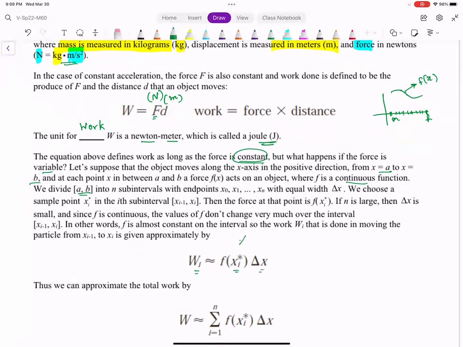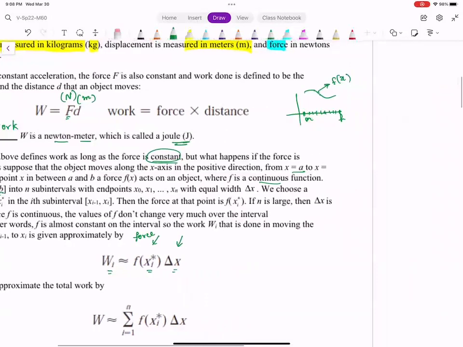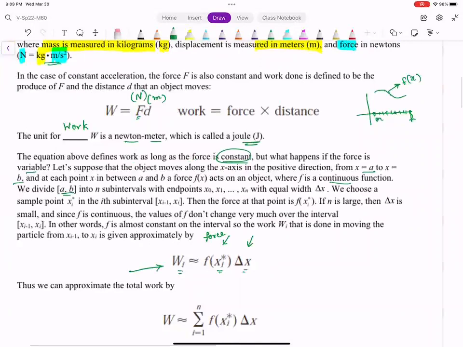The force acting on that ith subinterval is considered to be constant throughout that interval, that is f of xi star times delta x. That is a distance. So Wi, the work done on the ith subinterval, is f of xi star delta x.